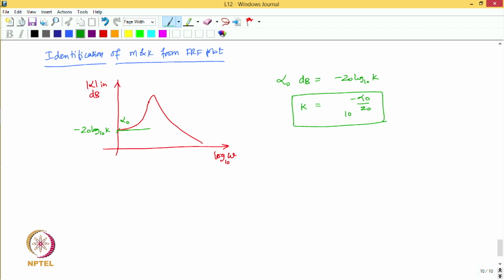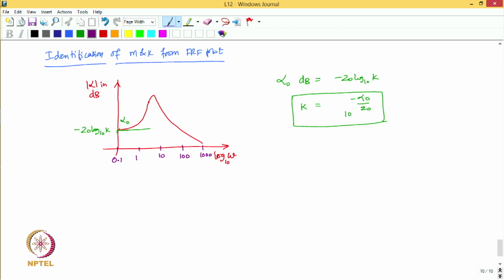Similarly, if I want to know the mass of the system, then we can determine it from here. We draw an asymptote to the FRF, that is a line which is tangent to the FRF curve, and it is at a slope of minus 40 dB per decade. So, if I show here the frequencies on the x axis, they will be 0.1, 1, 10, 100, 1000, the different decades of the frequencies.